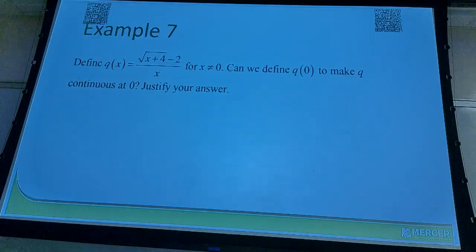So here's Q of x. We're being asked if we can define Q of 0 to make Q continuous at 0. Right now, obviously, at 0 it is undefined. The question is, can we choose a value for Q of 0 to make it continuous?